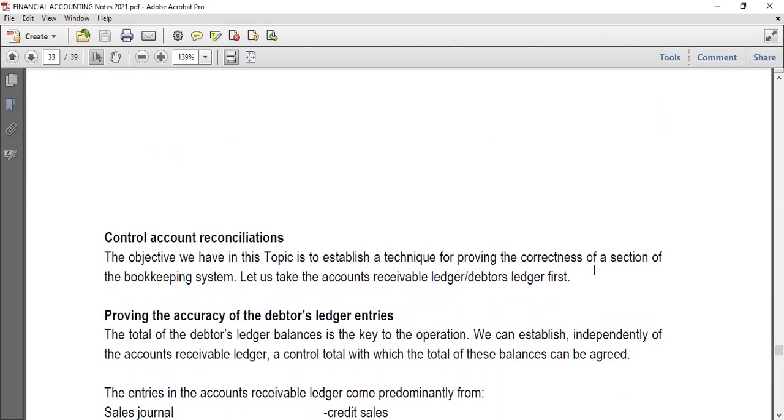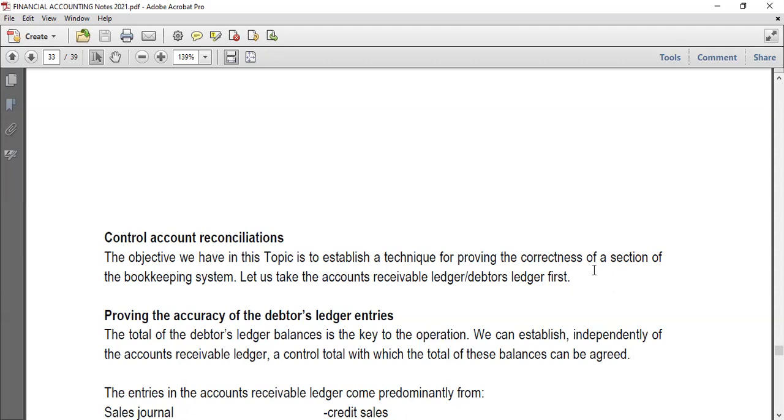So now we should also know what we do when it comes to control account reconciliation, okay? We should understand what comes with a control account reconciliation. Of course, when we are doing the control account reconciliation, remember, we have to make use of the actual account.